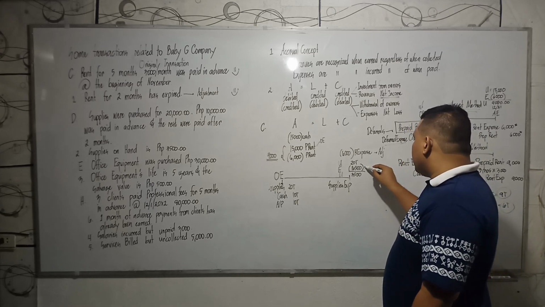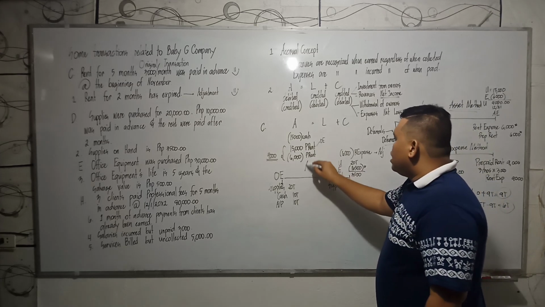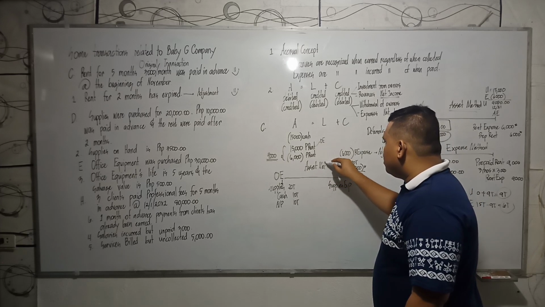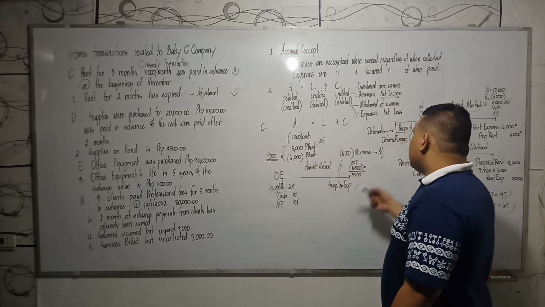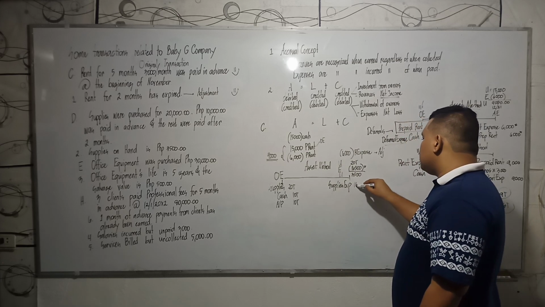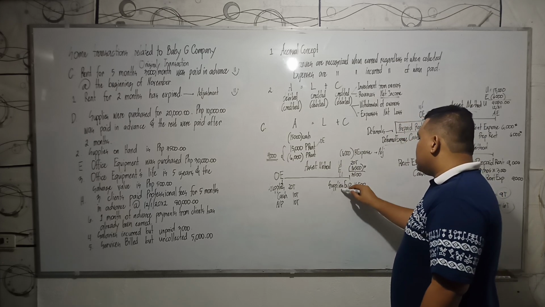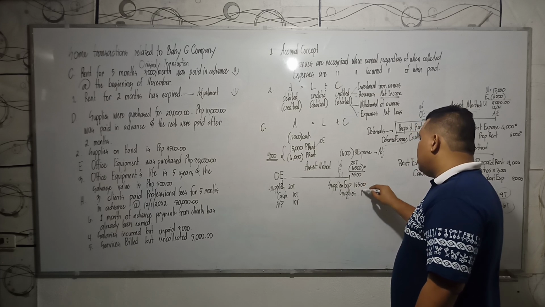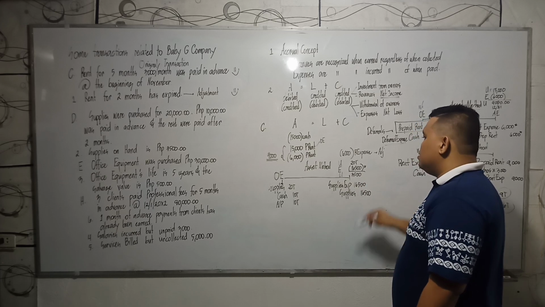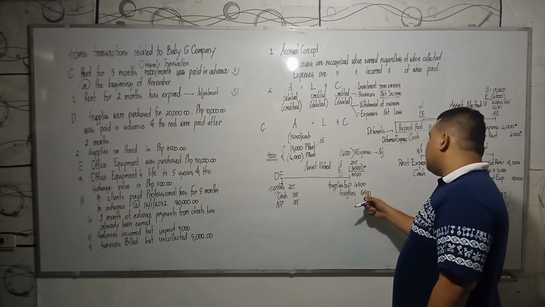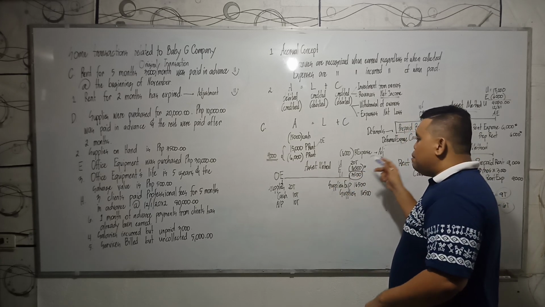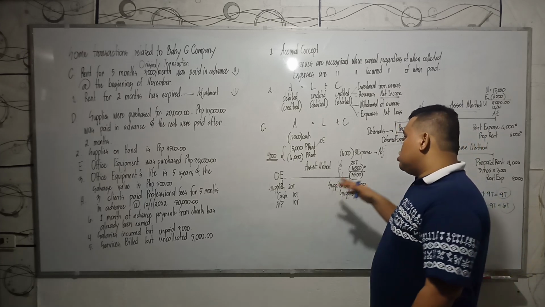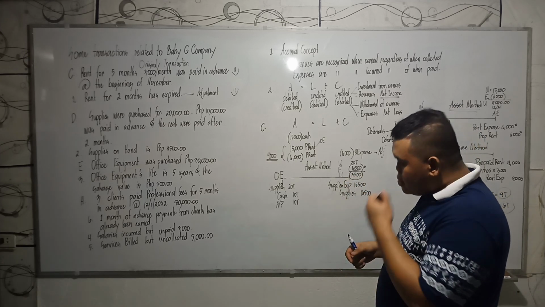So you are going to recognize the expired because again, we are using asset method. So we have supplies expense 16,500 and then we credit supplies, or we decrease the supplies, by 16,500. So 20,000 minus 16,500, you have the remaining supplies of 3.5. So that's for asset method for supplies.